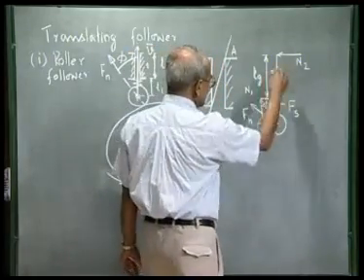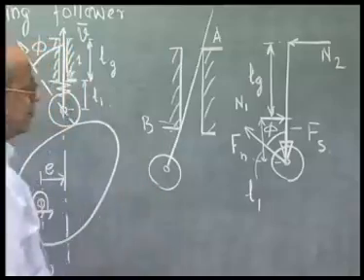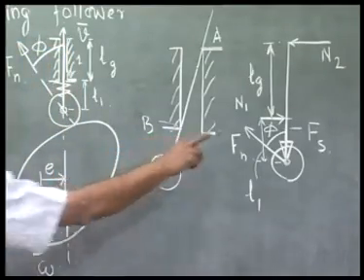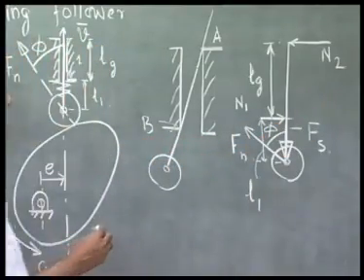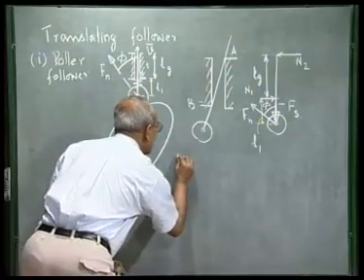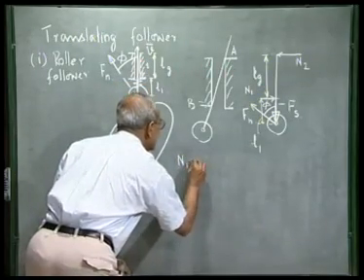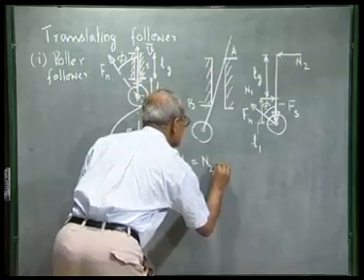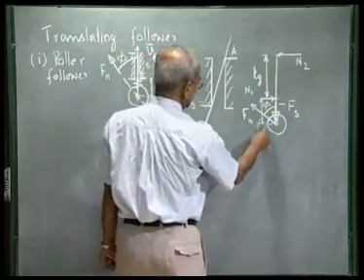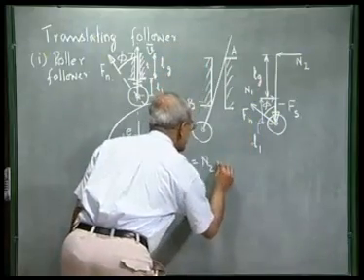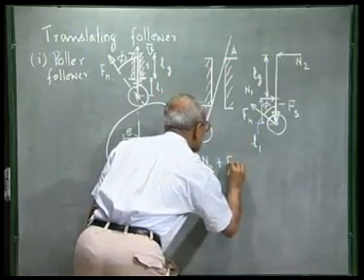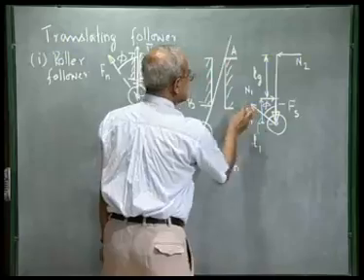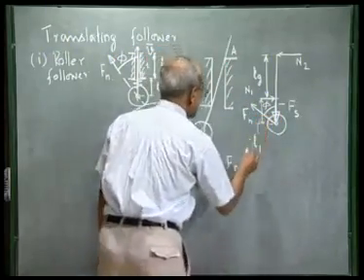If there is no acceleration of the follower, then the system must be in equilibrium. So, if I take the horizontal forces, we get N1 is equal to N2 plus Fn, that is this driving force, and sin phi.